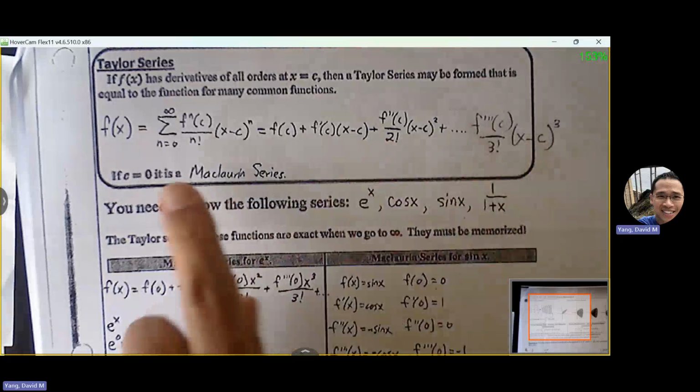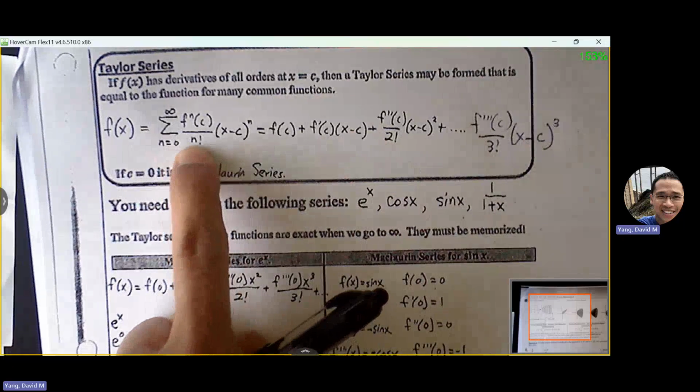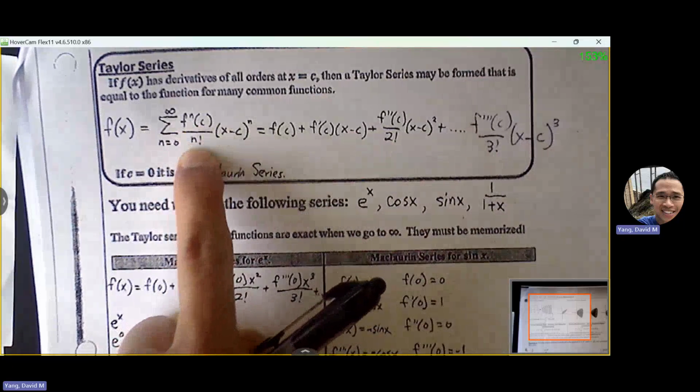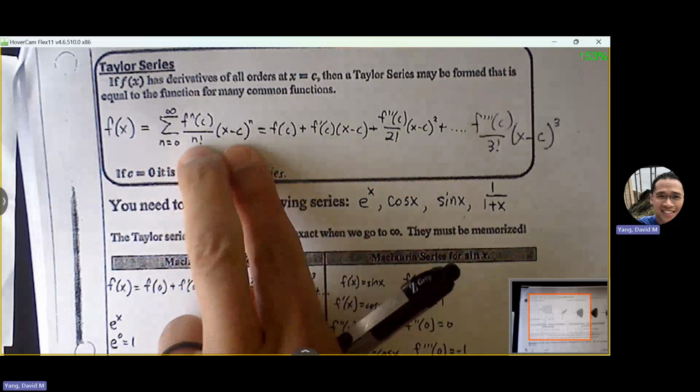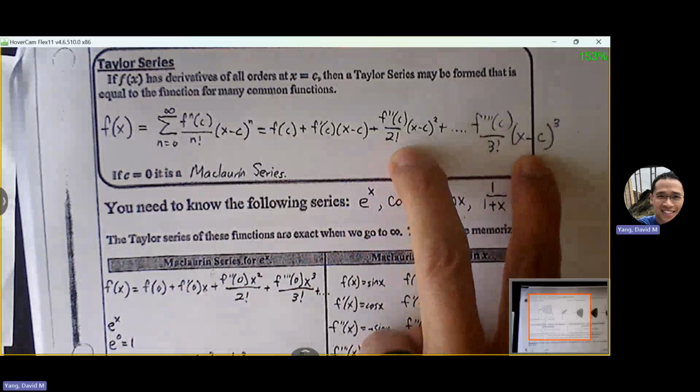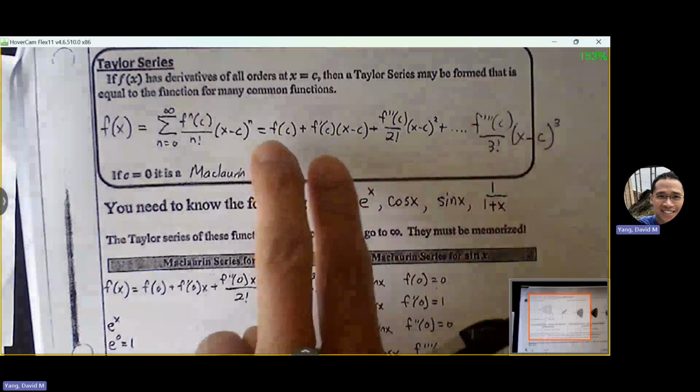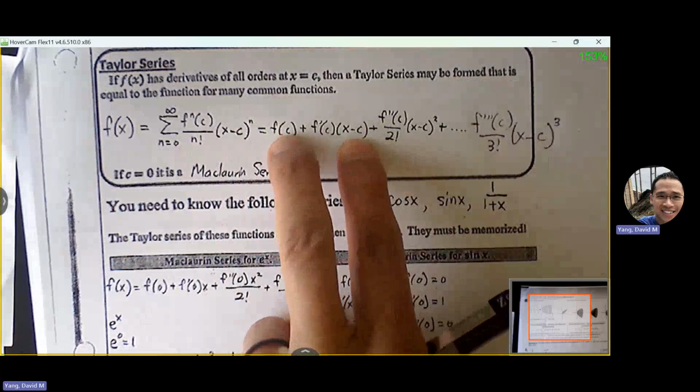Now, the general term would be this: the nth derivative evaluated at c over n factorial times x minus c to the n. I know that this matches better with anything starting with 2. Technically, this still also applies with these two.